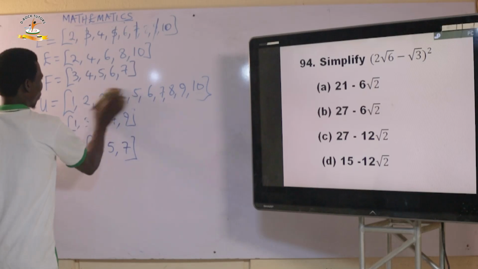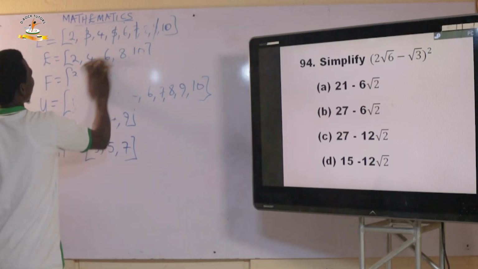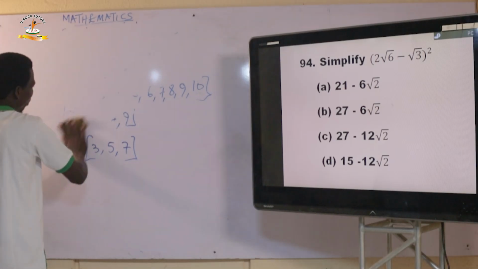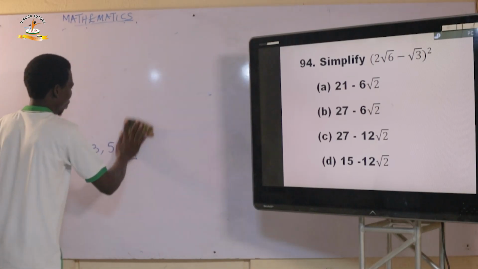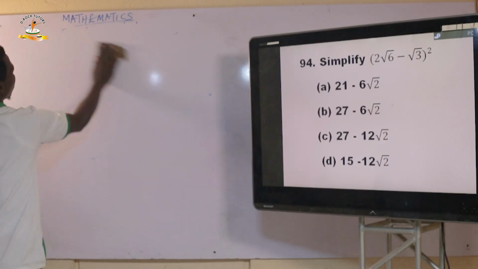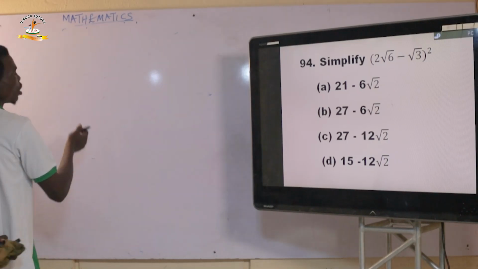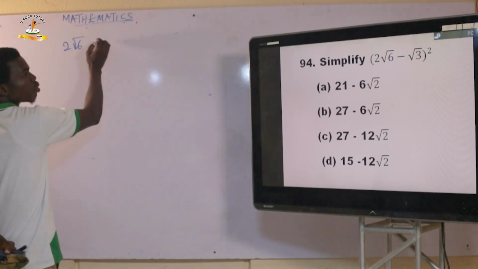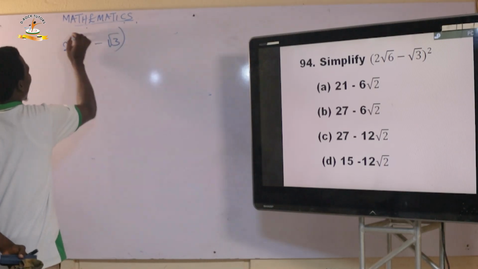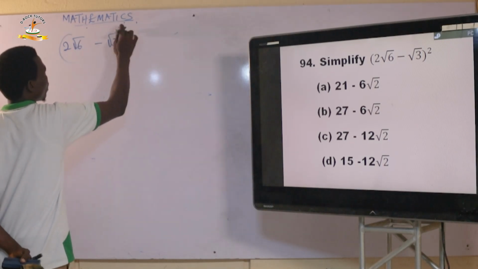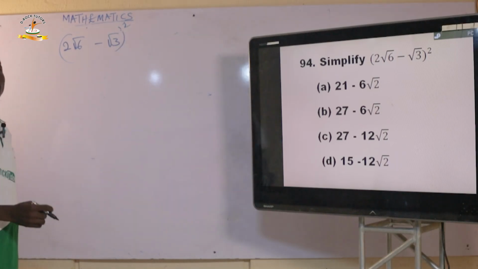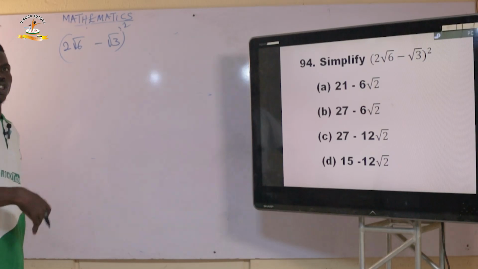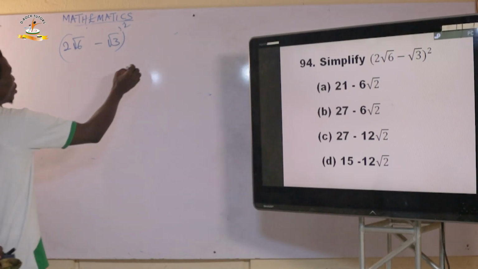Alright, simplify. So we have to simplify 2 root 6 minus root 3, all squared. That is our surd problem. And in surds, let's quickly take you through the rules of surds.